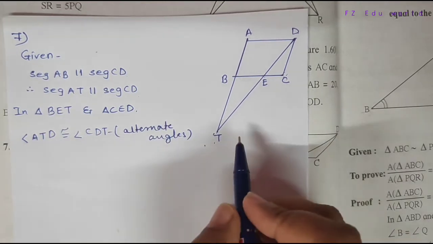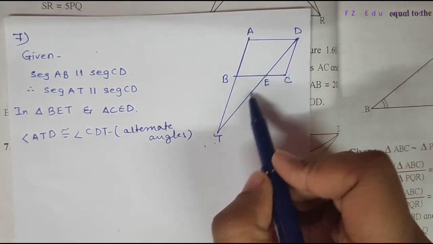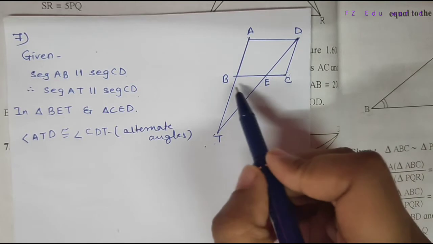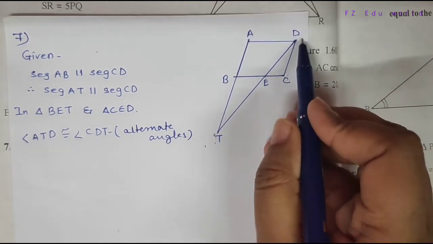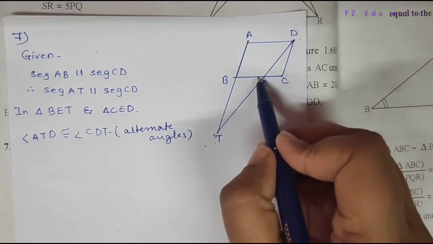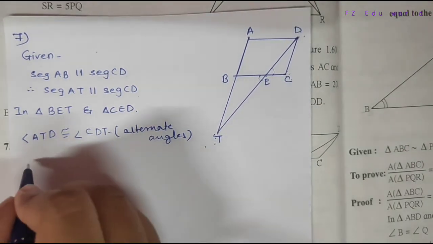Next, in these two triangles, angle BET and angle CED are congruent as they are vertically opposite angles.